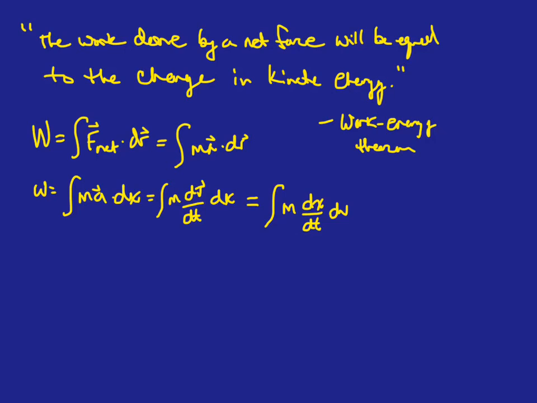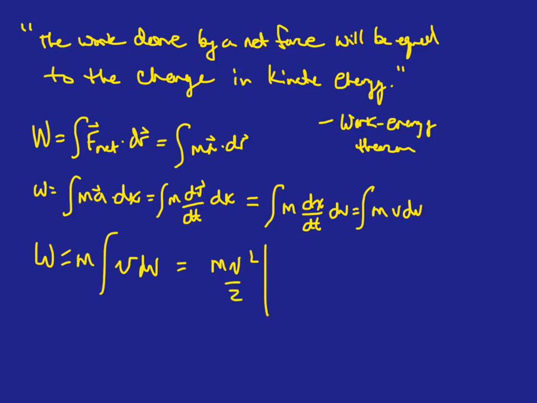Well, what's dx/dt? Our dx/dt is just velocity again, right? So this becomes m v dv, and now you guys may be seeing where we're going with this. So work equals, we factor out the m, the integral of v dv, which equals m v squared over 2 from v naught to v final.